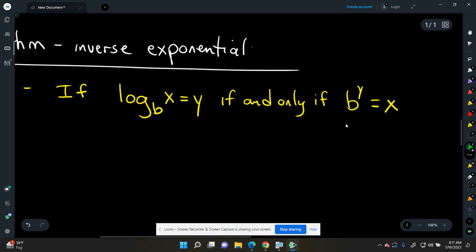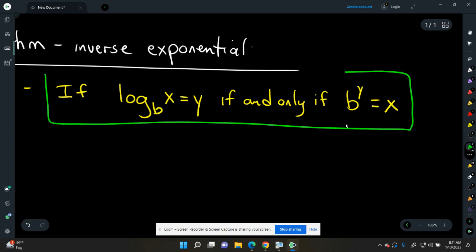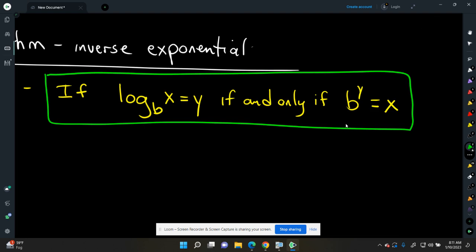Okay, this is very important. This is our definition of a logarithm. We will refer to this about a bazillion plus 2 times. Okay, the definition of a logarithm, right?